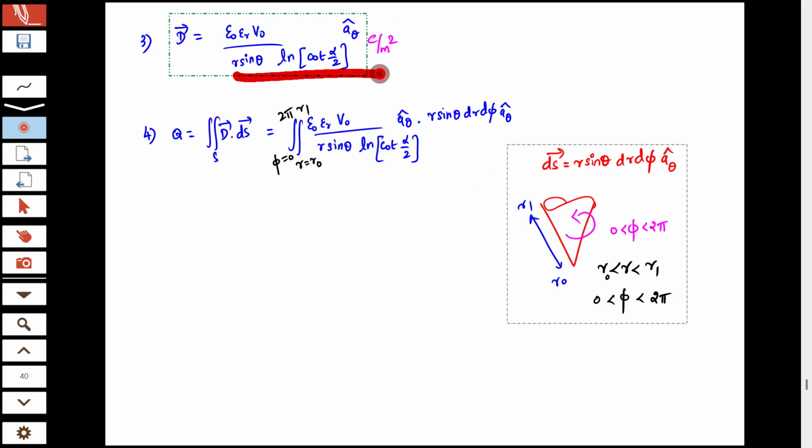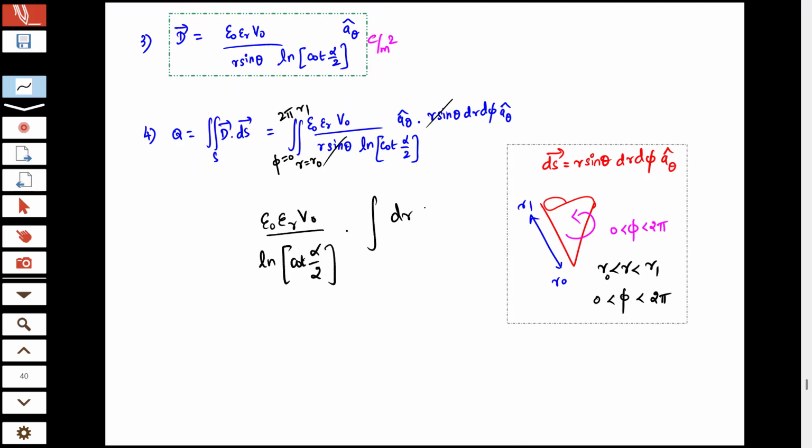Now you have D vector. We have to take the dot product of this D vector and dS vector to get the charge enclosed. So multiplying these two components, we have to do the multiplication and get the integration done. The constants other than the variables r and phi can be taken outside of the integration. So this r sine theta can be cancelled. Epsilon r V naught by logarithm of cot alpha by 2 is constant.